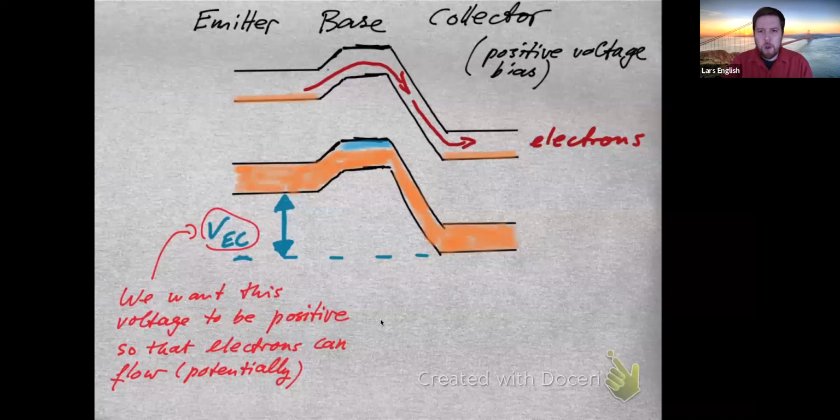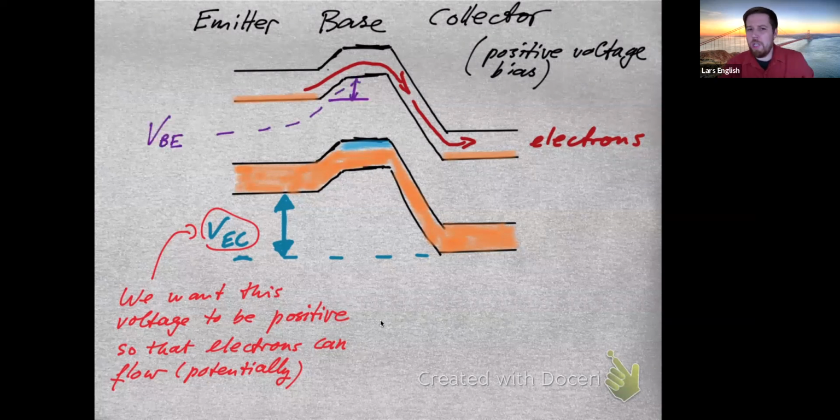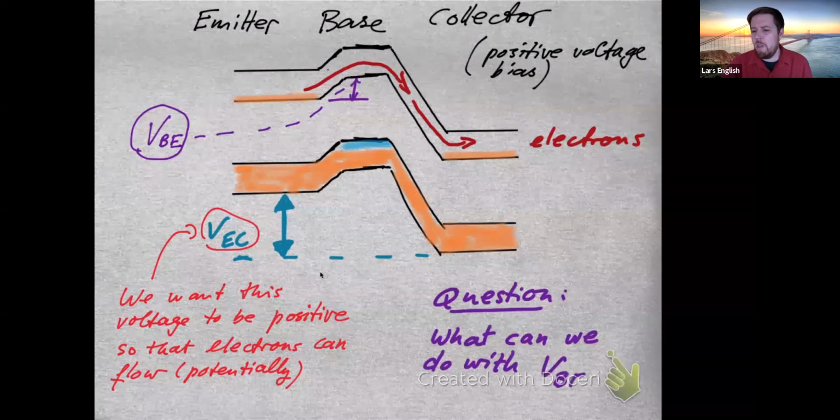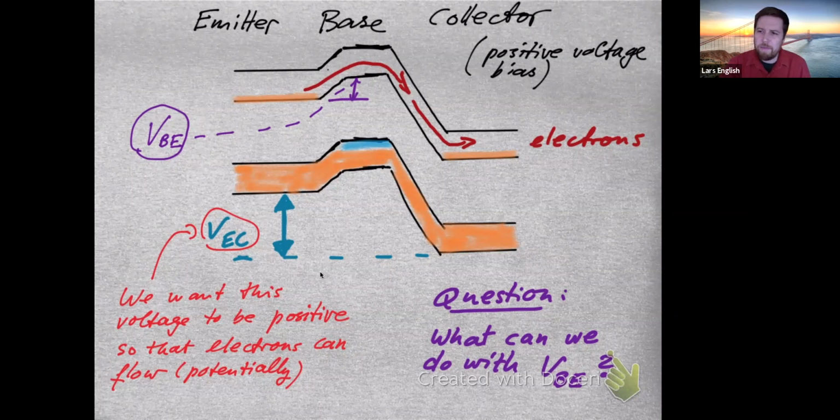Okay, so there's another voltage here, namely this little step here. It also appears down here as well, so I could have brought it in here as well, but this step up here, we could call that the voltage between the base and the emitter, V sub BE, okay? So the question to you now is, what can we do with that voltage, V sub BE? What do you think we could do with that?